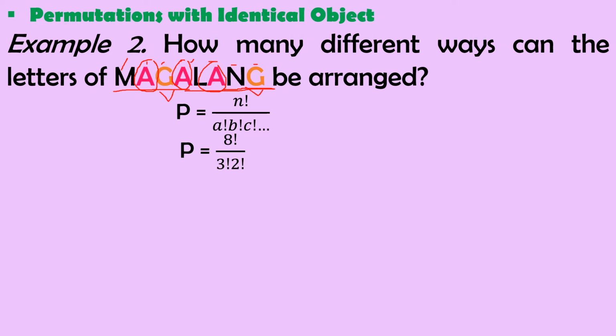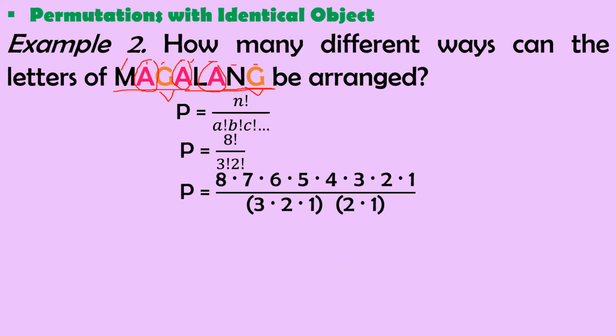So let us now simplify. For our numerator, we have 8 times 7 times 6 times 5 times 4 times 3 times 2 times 1 over our denominator 3 factorial. So we have here 3 times 2 times 1, and for our 2 factorial, it is 2 multiplied by 1.